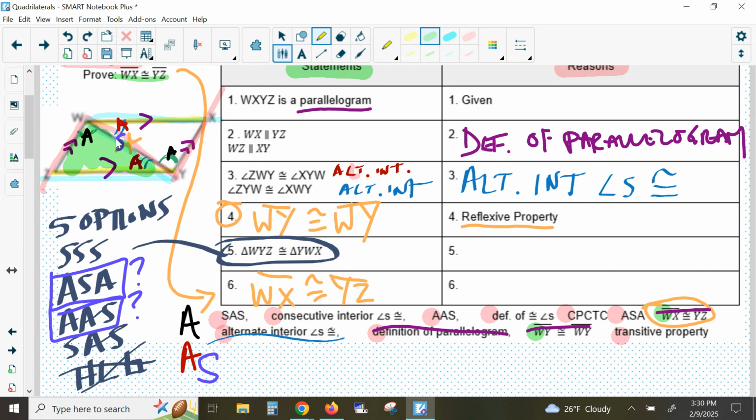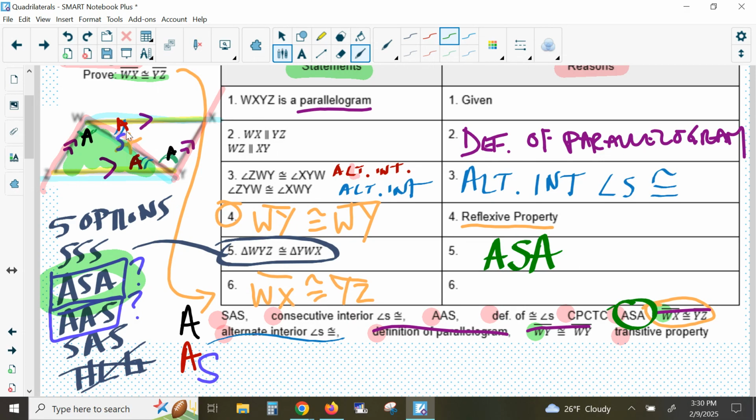See how this S touches this black A up here, and this S also touches this red A down here. So my side does touch both of my A's. So this is an example of angle, side, angle. Is that an option down here? Looks like it is. Boom.